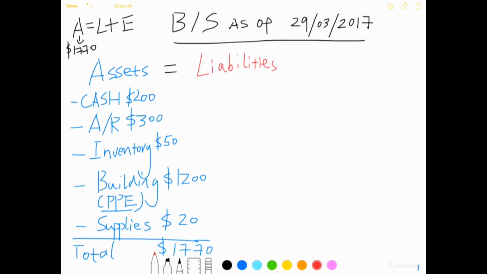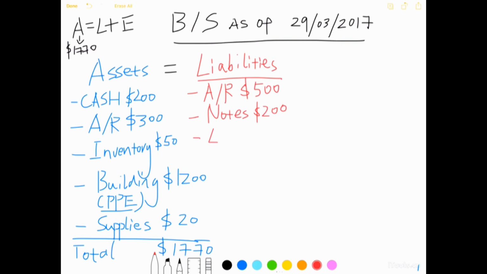Let's say that we have accounts payable of $500. Those are the money that you owe, like I said, to your suppliers. Those are liabilities. That's why you have to pay in the future. And then notes payable of, say, $200.